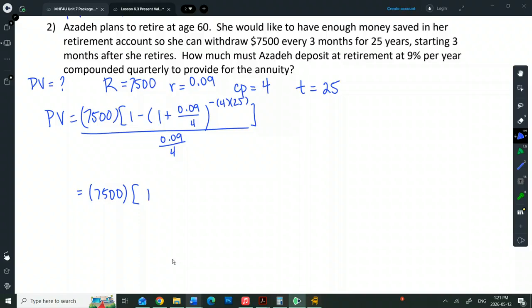But if you feel good about entering that into your calculator, you can. So this is 1.025.